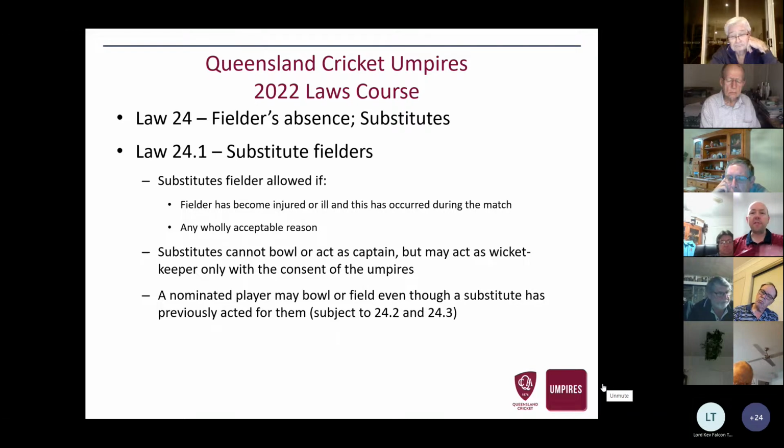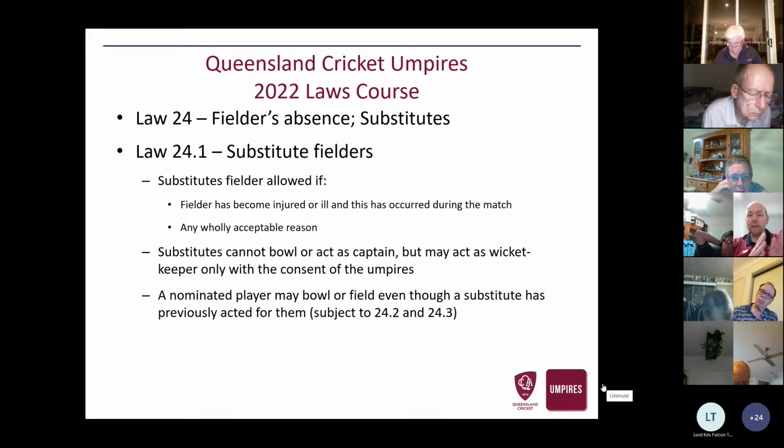As Nathan's outlined in law 21.5.1, it's all about where that back foot is grounded. So long as it's grounded inside the return crease, then that's fine. So again, it comes back to umpires being vigilant about that when the bowler is in their delivery stride.